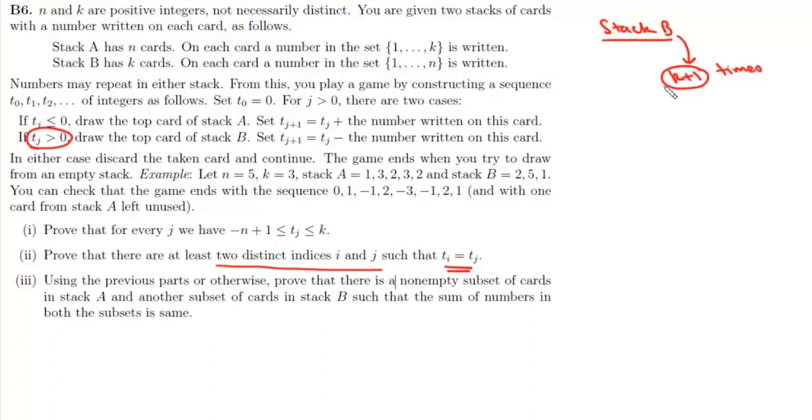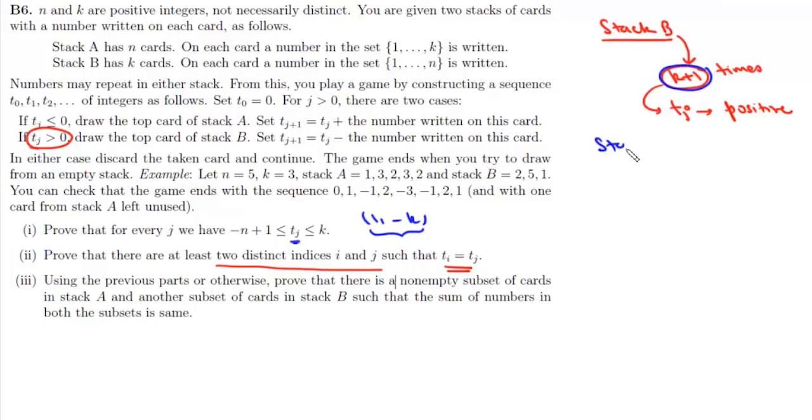So for each of these k plus 1 times, the value of tj is positive. Now the first part we have proved that the value of tj lies between minus n plus 1 and k. So the positive values are from 1 to k. So we have only k distinct positive values. And if we have k plus 1 positive values, then at least one of the values must be repeated. So there'll be at least two different indices i and j such that ti equals tj in this case.